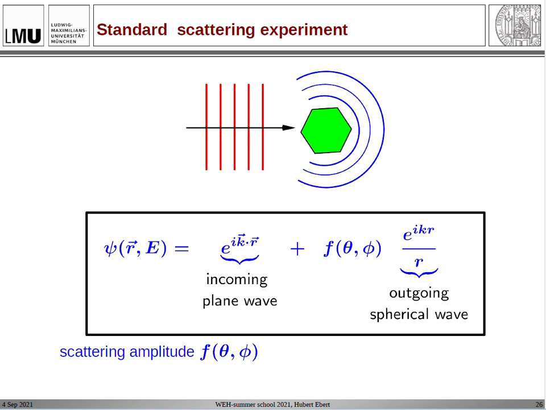In the standard picture you have a source for particles or waves, and these produce a plane wave, and these are then scattered at a target, producing on top of the incoming waves, scattered waves. And this is described by that standard expression here. So the target property to scatter the wave is all encoded in that scattering amplitude.